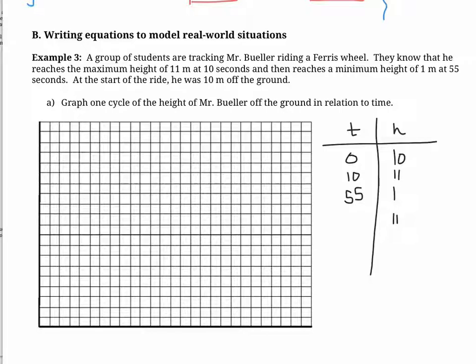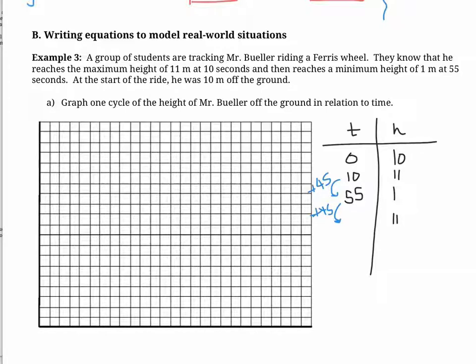Well, let's figure out what half of the period is. So half of the cycle is going from 10 to 55. So he reaches maximum height at 10 and his minimum height at 55. So just thinking about that Ferris wheel that we talked about in the very first lesson, he reaches maximum height at 10, minimum height at 55, which means that there was a total of 45 seconds that it took to get from the top of the wheel to the bottom of the wheel, which means, again, it would take another 45 seconds to move from the bottom of the wheel back to the top of the wheel.